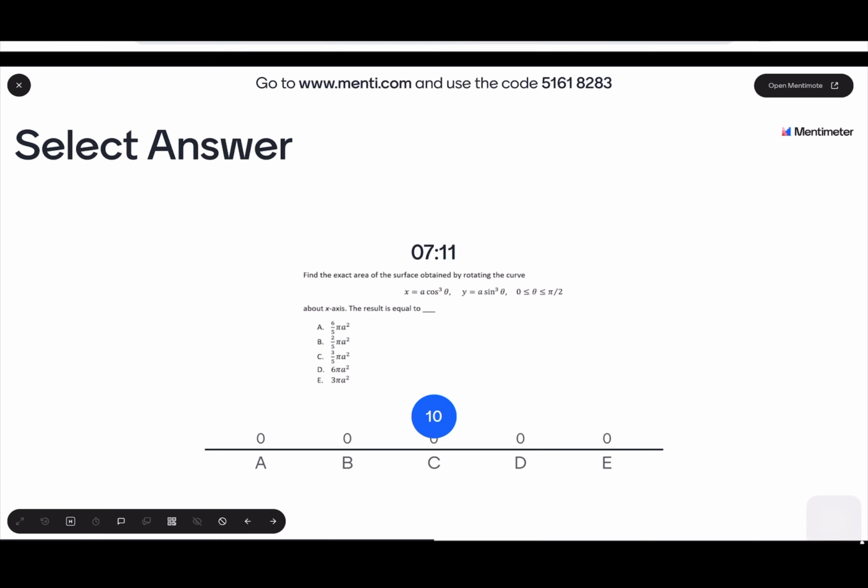So remember, if you rotate about the x-axis, this is a rotation, right? And you need to imagine what will be the radius. What will be the radius?